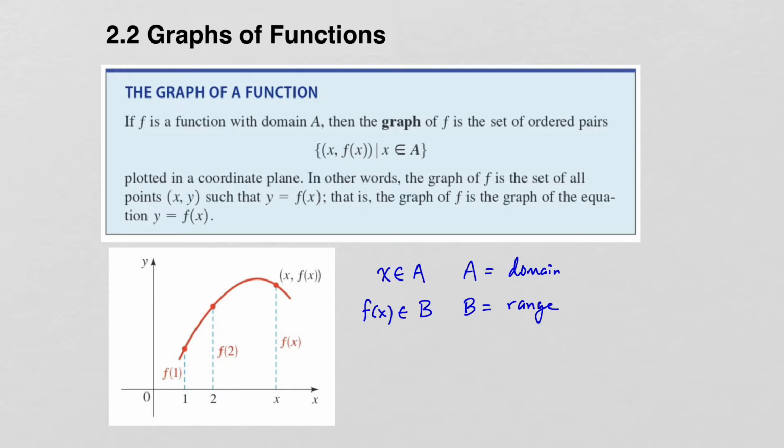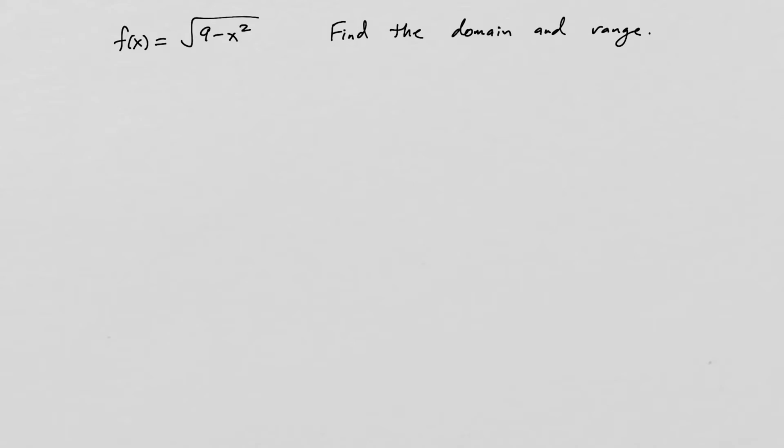Let's talk a little bit more about domain and range. So here we have an example of a function, f(x) equals the square root of 9 minus x squared. I want to talk about the domain and the range, and we can do that from a couple of different angles.